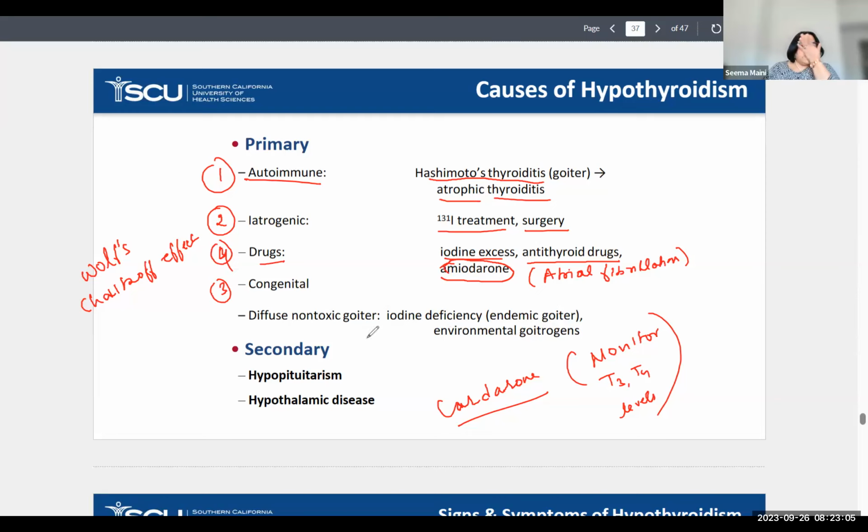Then there is diffuse non-toxic goiter due to iodine deficiency. We just saw endemic goiter, or there are environmental goitrogens. In some individuals, they say there is this cabbage, broccoli, or some kind of goitrogenic foods, like turnips, which can cause hypothyroidism.